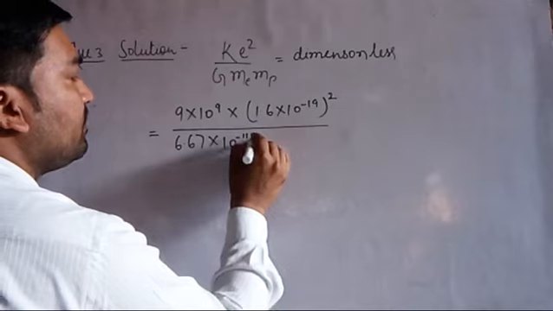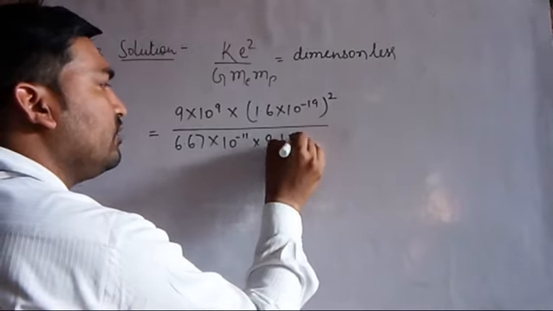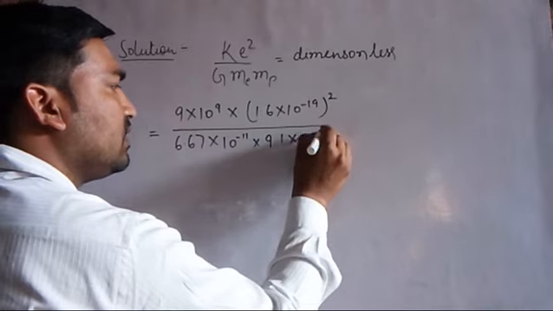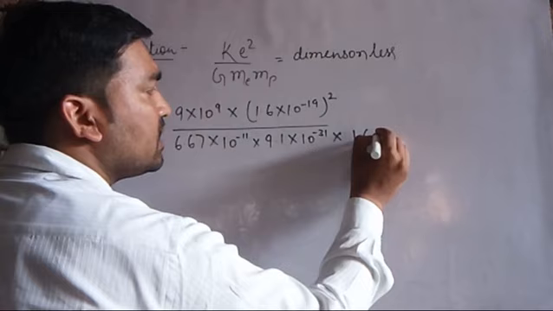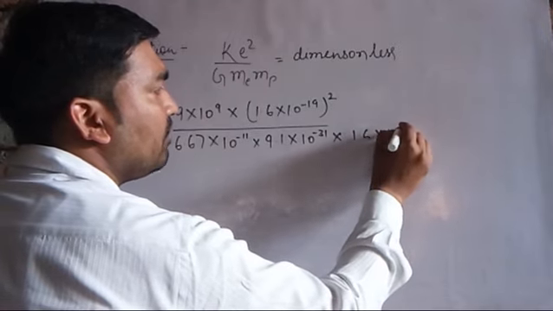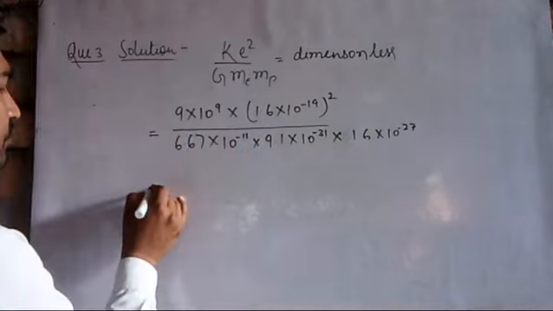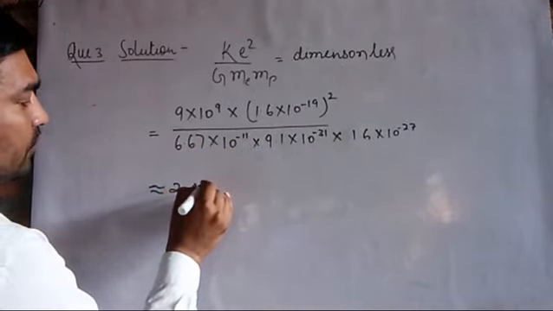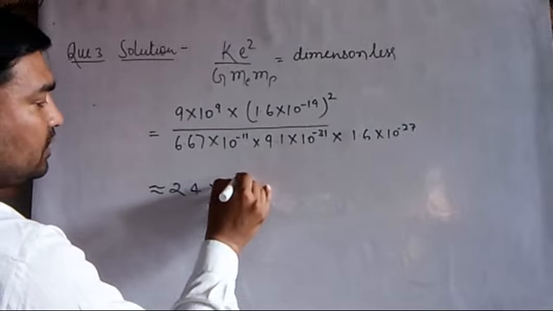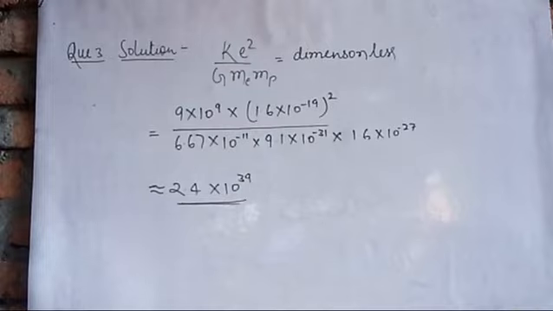The mass of electron is 9.1 into 10 to the power minus 31. Mass of proton is 1.6 into 10 to the power minus 27. After solving, approximately it is 2.4 into 10 to the power. This is the answer. This is the value of this ratio.